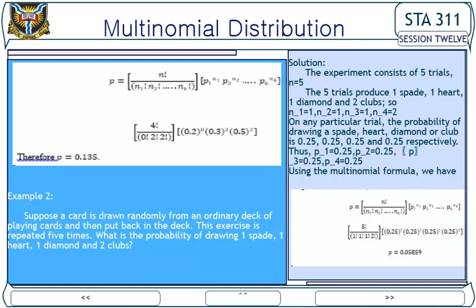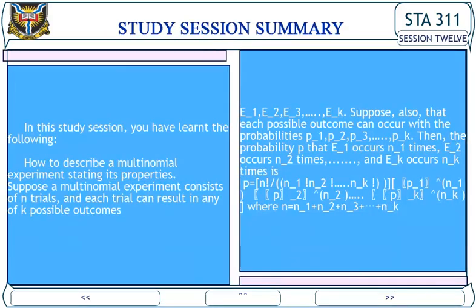Thus, P1 is equal to 0.25, P2 is equal to 0.25, P3 is equal to 0.25, P4 is equal to 0.25. Using the multinomial formula, we have P is equal to 0.05859.